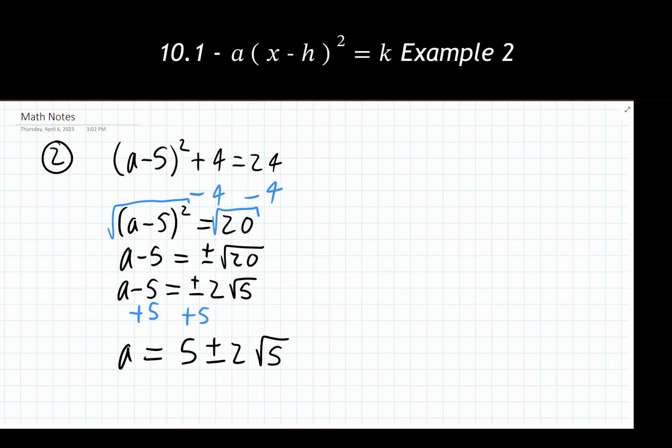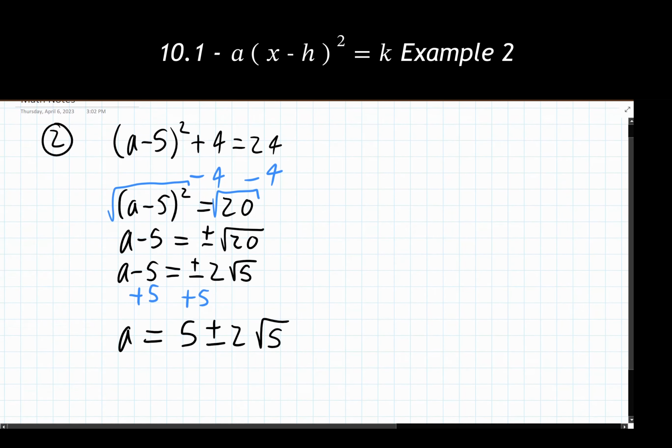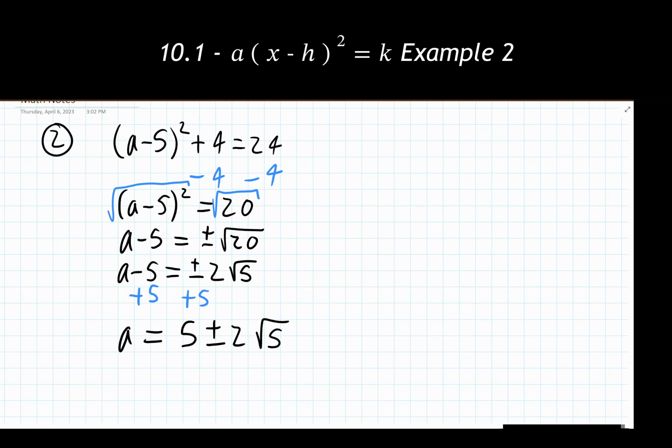From here, again, it depends a little bit on the question and your instructor, what they're asking you to do, but you could either leave your answer in the form that we have it here, just as 5 plus or minus 2 square root 5, or we could separate this out to be a is equal to 5 plus 2 square root of 5, and a is equal to 5 minus 2 square root of 5.